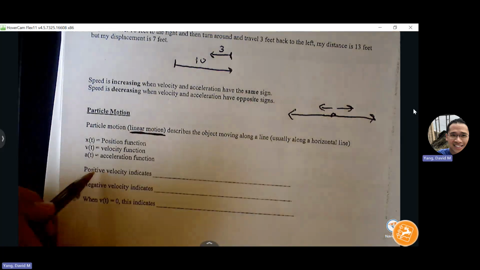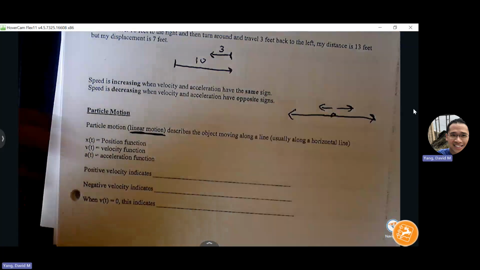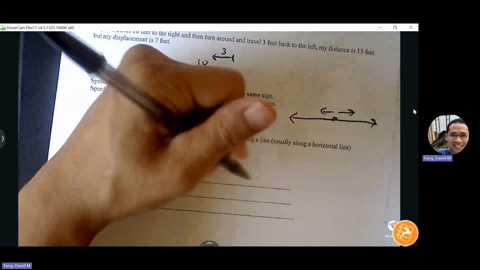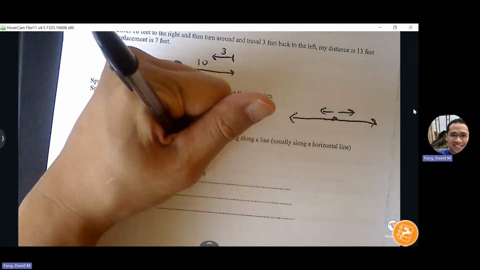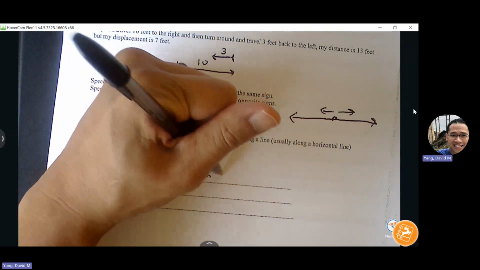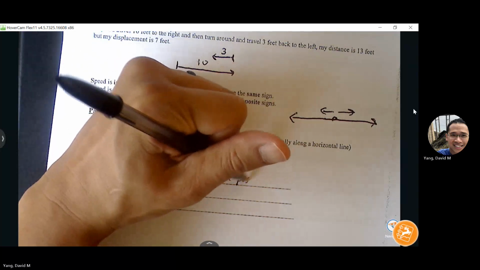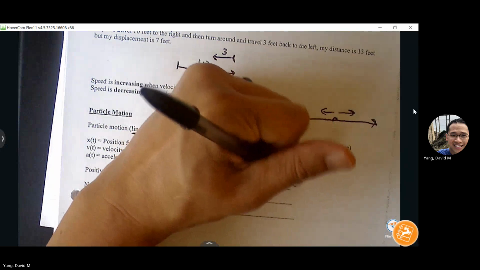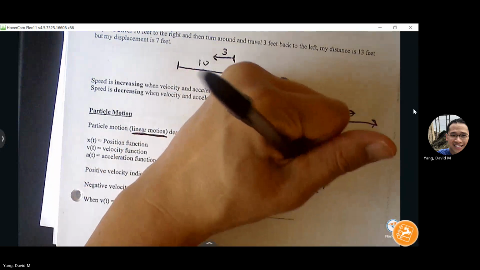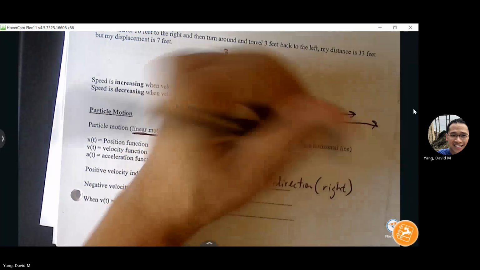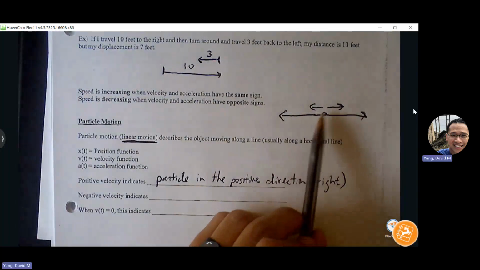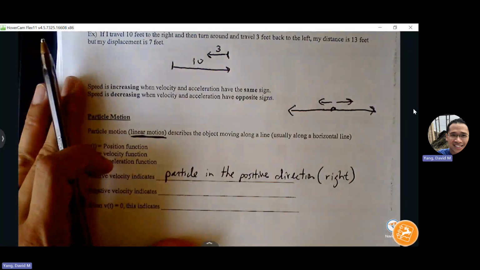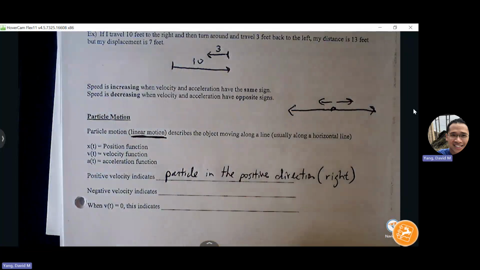So positive velocity indicates that the particle is moving in the positive direction, which is to the right. As he moves to the right, he's gaining positive values, and we associate right with positive.